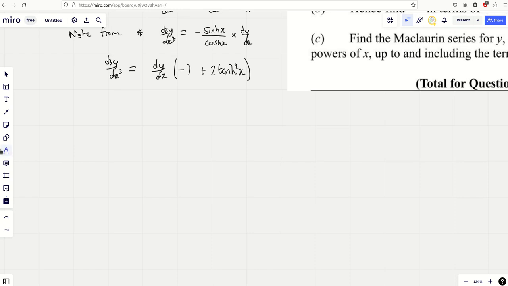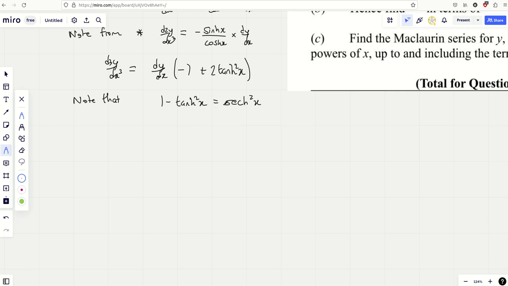Yeah, because note that 1 minus tan squared x is sec squared x, not 1 plus tan squared, because according to Osborne's rule there's an implied product of sine in there. There's a sine squared on the top, and therefore this changes to a minus according to Osborne's rule.